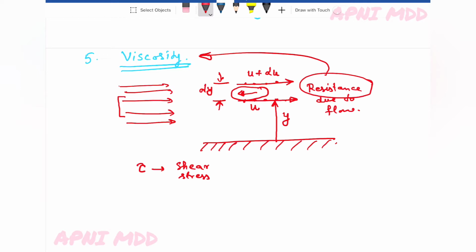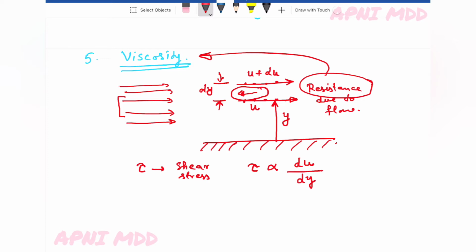So tau is proportional to the difference in the velocity of the layers and inversely proportional to the distance between the two layers. So tau is proportional to du by dy.